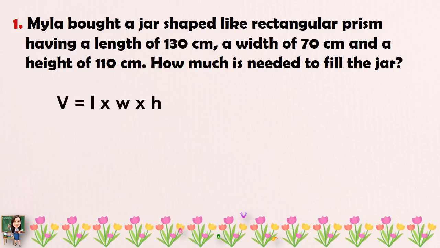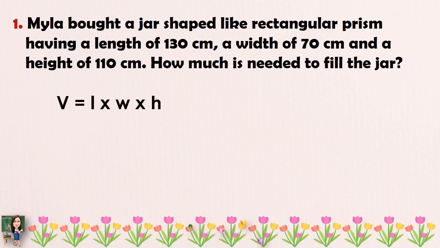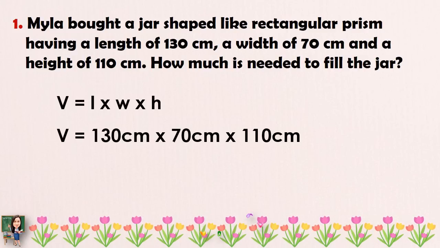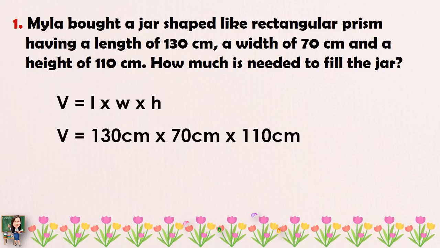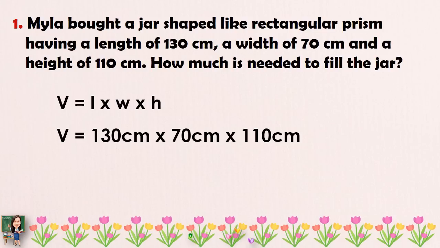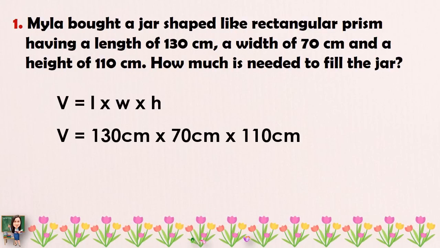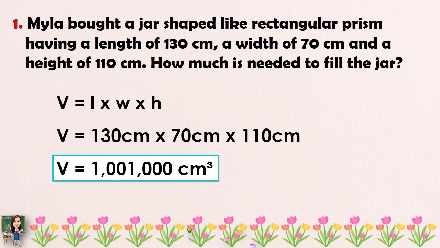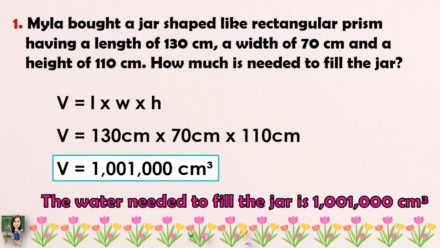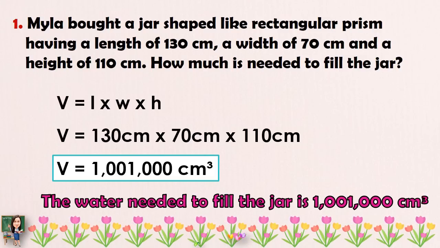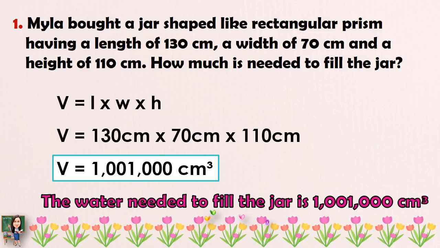We have to use the formula, volume equals length times width times height, where the length is 130 cm, the width is 70 cm, and the height is 110 cm. 130 times 70 times 110 equals 1,001,000 cubic centimeters. The water needed to fill the jar is 1,001,000 cubic centimeters.